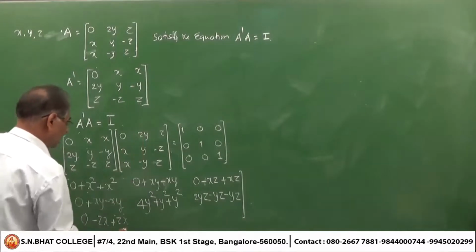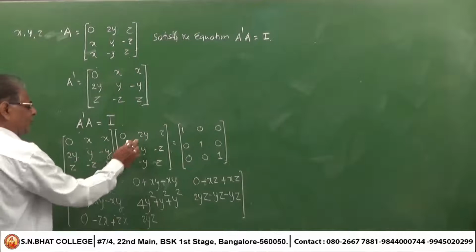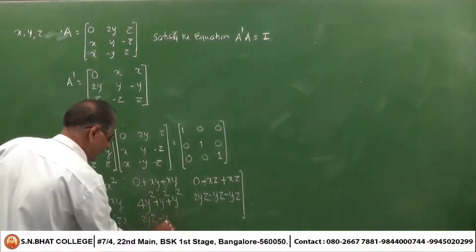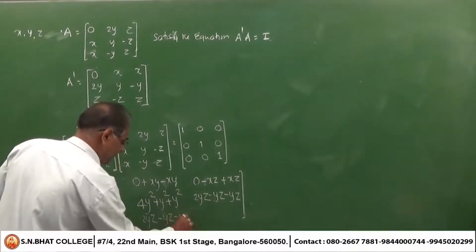Third row, second column. z into 2y is 2yz. Minus z into y is minus yz. Next, z into minus y is minus yz.